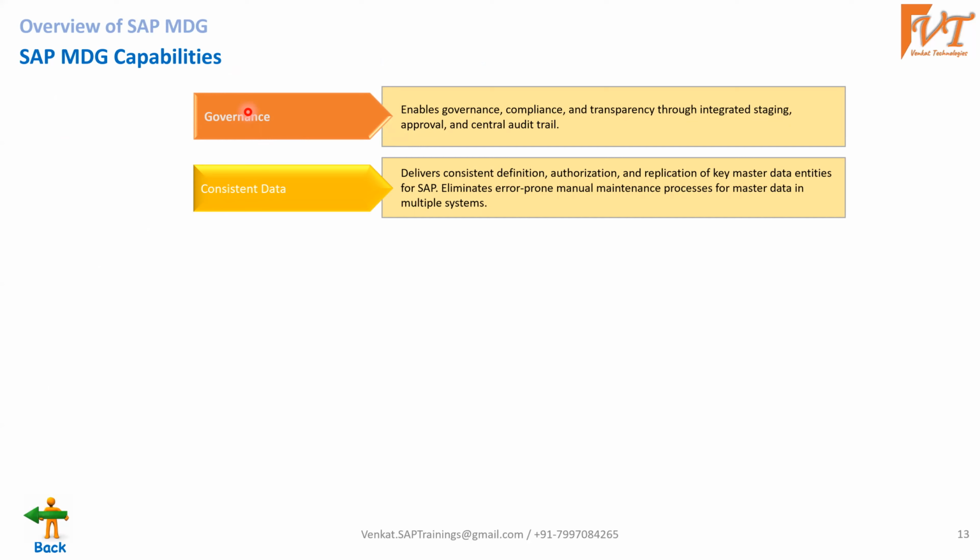Just like I have told you one example, Amazon having different business units in different geography locations. If they want to maintain the data across all the units, they have to maintain the consistency. So that consistency is strongly built in MDG. So that can be achieved.